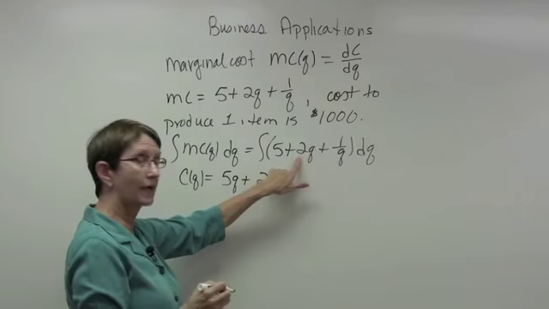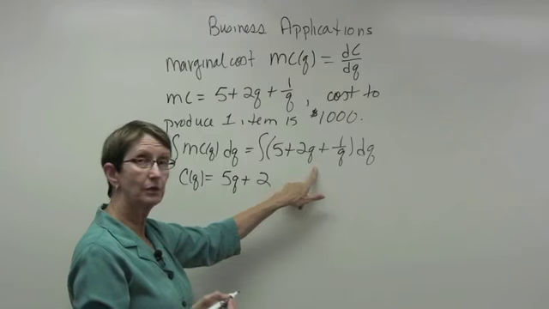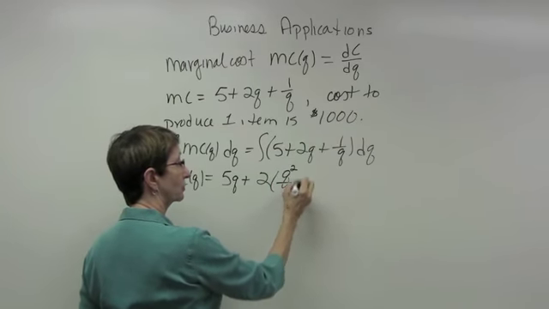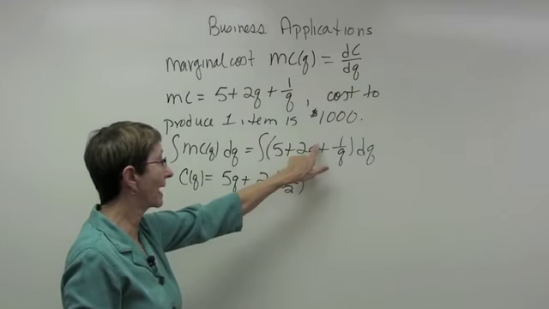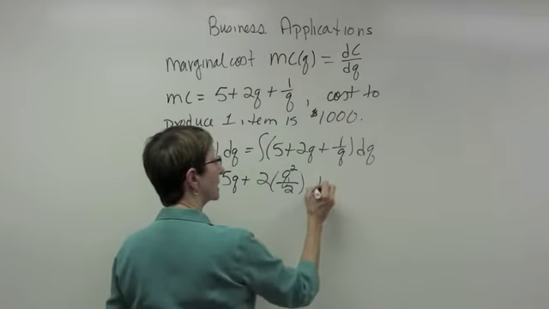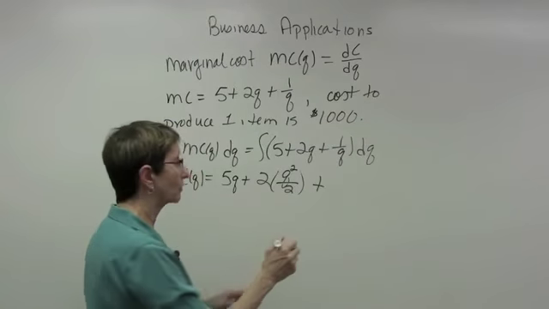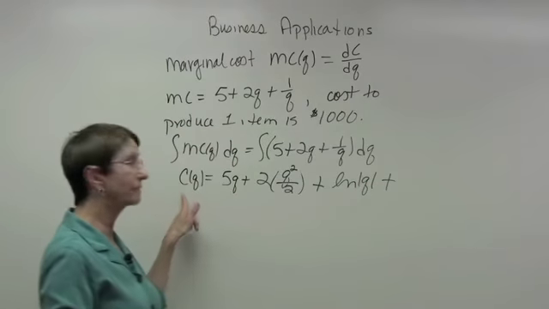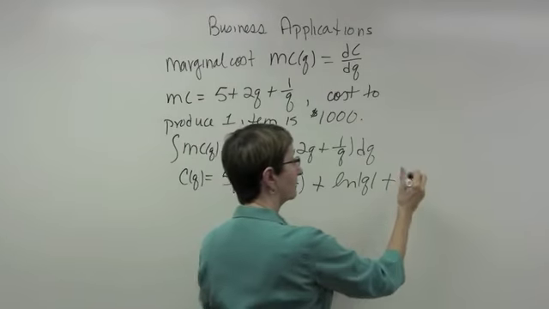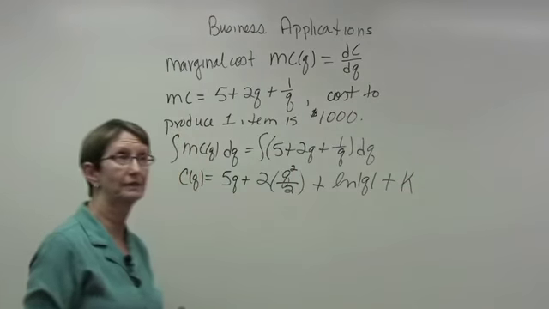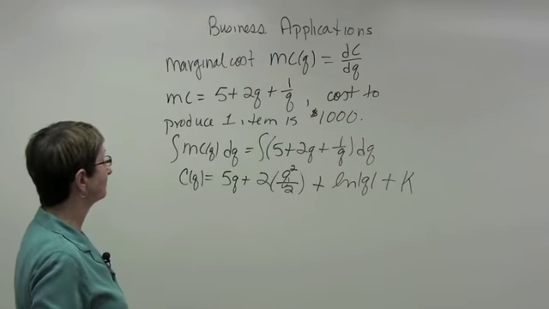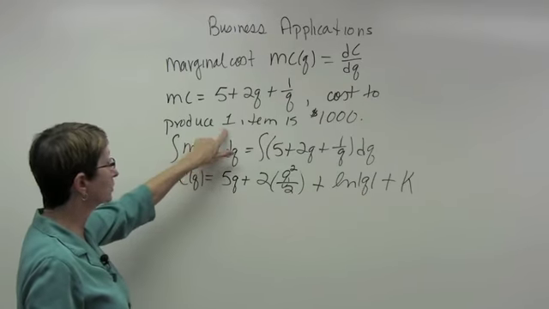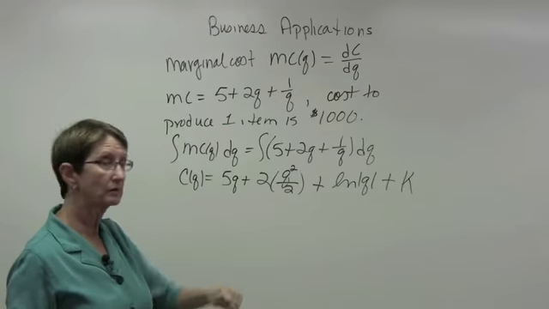Plus 2 is the constant multiplier. Antiderivative of q to the first would be q to the second over 2. Remember, you add 1 to the power. Plus 1 over q, the very basic rule, natural log absolute value of q. And then plus c. Now, because I have a function C of q, I'm going to call my constant capital K. So this is basically my cost function, and I'm told that the cost to produce one item is 1,000.